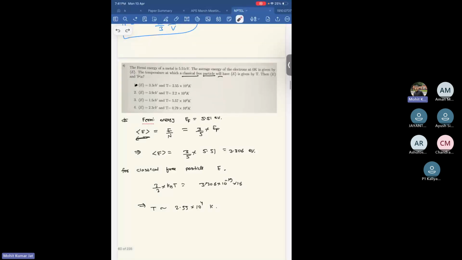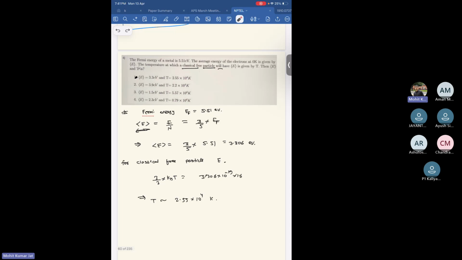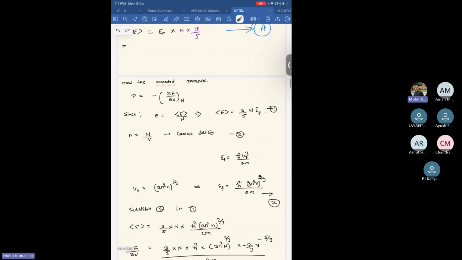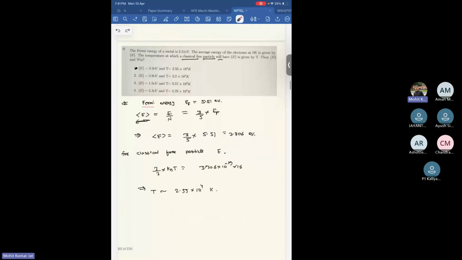So the Fermi energy of a metal is given. The average energy of an electron at 0 Kelvin is given by average of E. So we know that earlier in this question itself we calculated this. Average of E is 3 by 5 times EF.